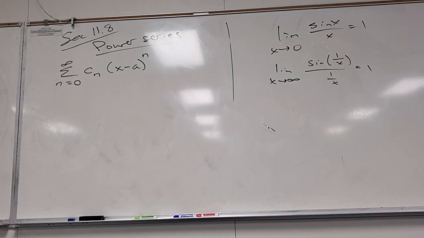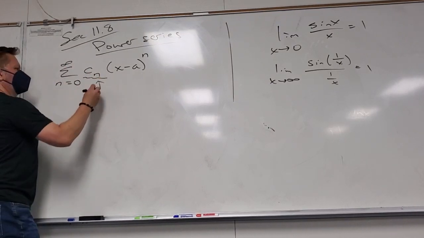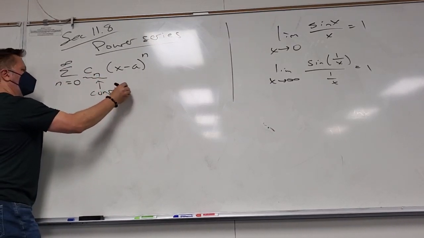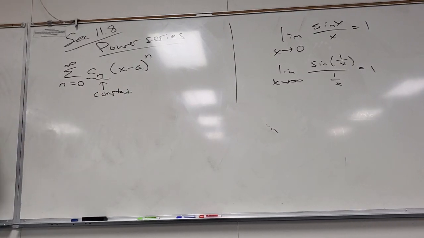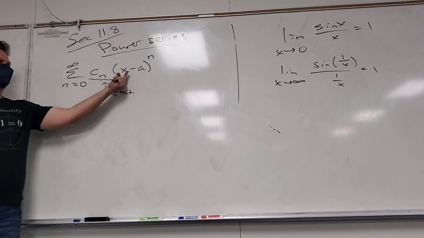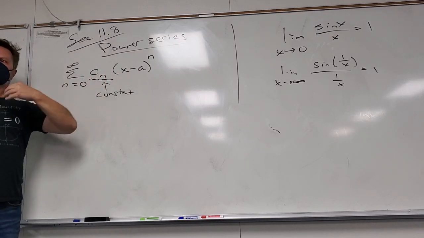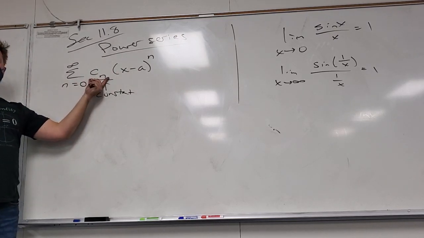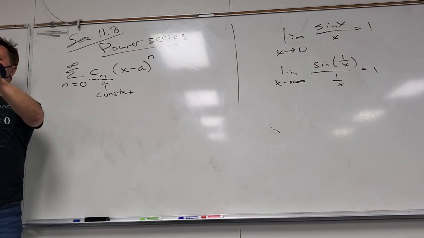If n is 0, by the way, this here is a constant, but it's a function of n. So for each element, it's a constant, correct? The only variable in here is x. This is some given function of n. So let me give you an example.